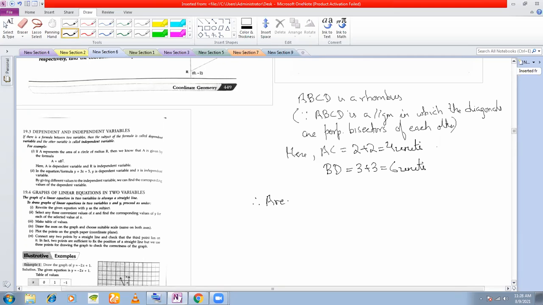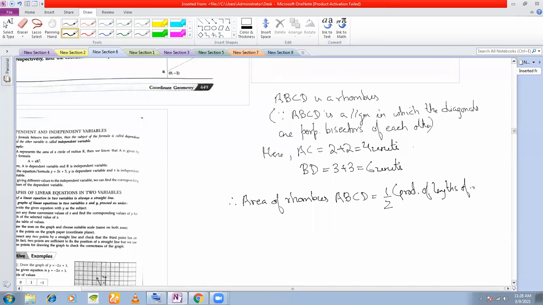Therefore, what is the area of rhombus ABCD? Half into product of lengths of diagonals, which is equal to half into AC into BD, is equal to half into 4 into 6, which is 12.